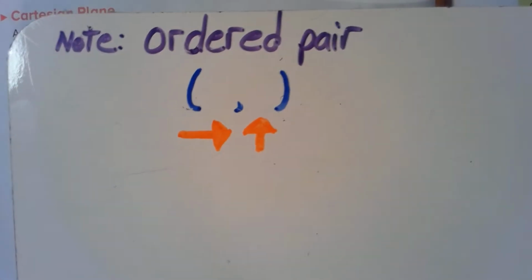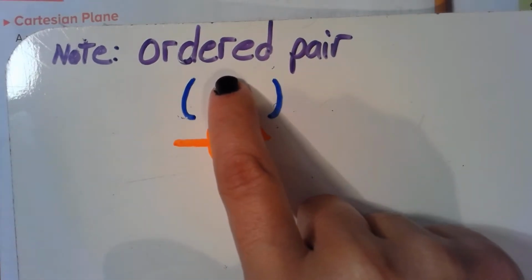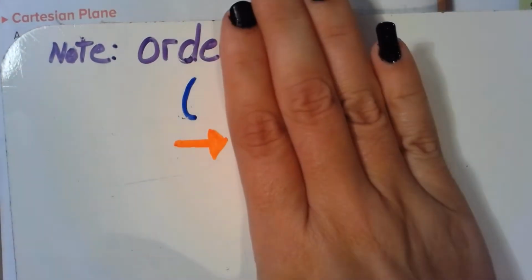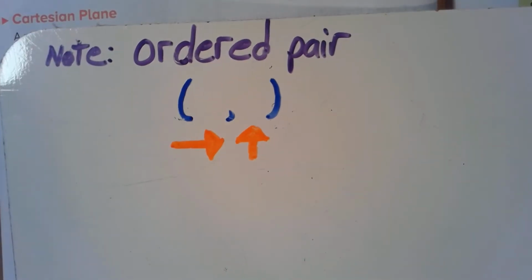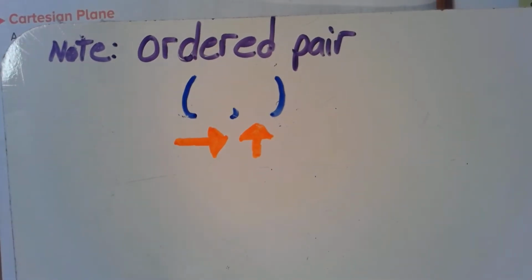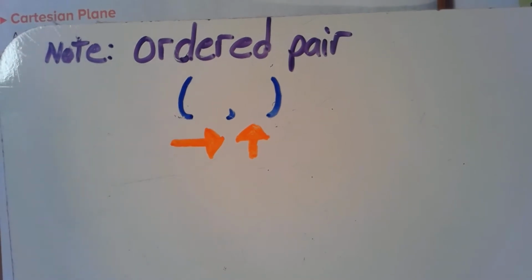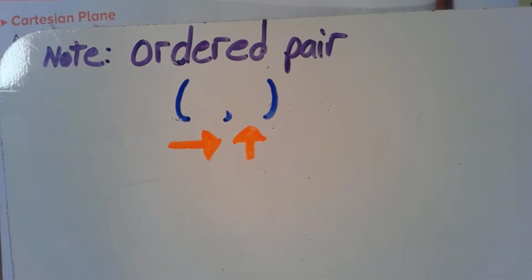I just want you to note something. When you hear the word ordered, what does that mean, ordered? Or even order, O-R-D-E-R, order. Well, I ordered dinner, but they don't mean that. When they say order in the court, no, not that either.